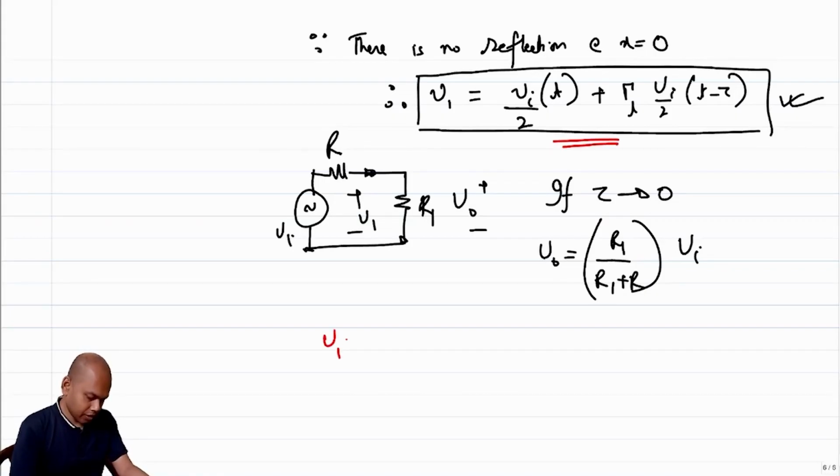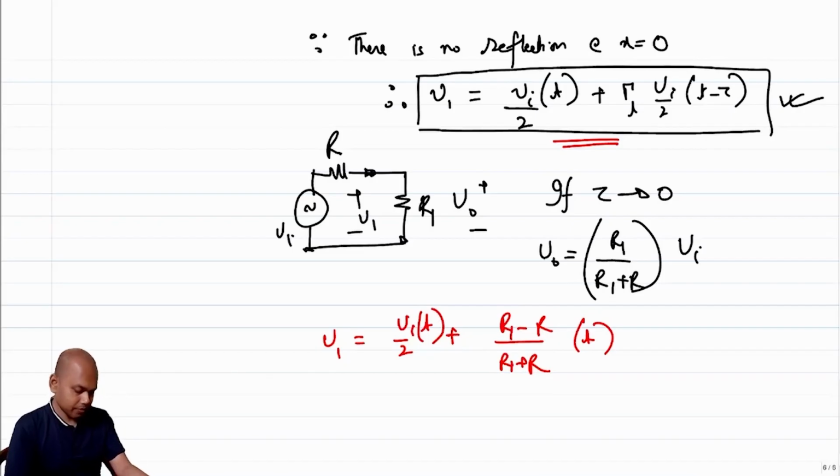So V1 will be equal to Vi by 2 plus gamma L. Gamma L is R1 minus R by R1 plus R, and this will be Vi times that. This is also Vi, right?